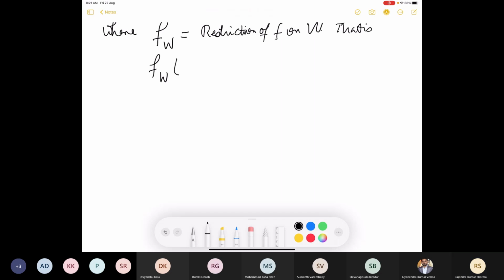FW of v is the same as F of v for every v belonging to W. So if the domain element is in W, in that case, F and FW both are the same. Okay.